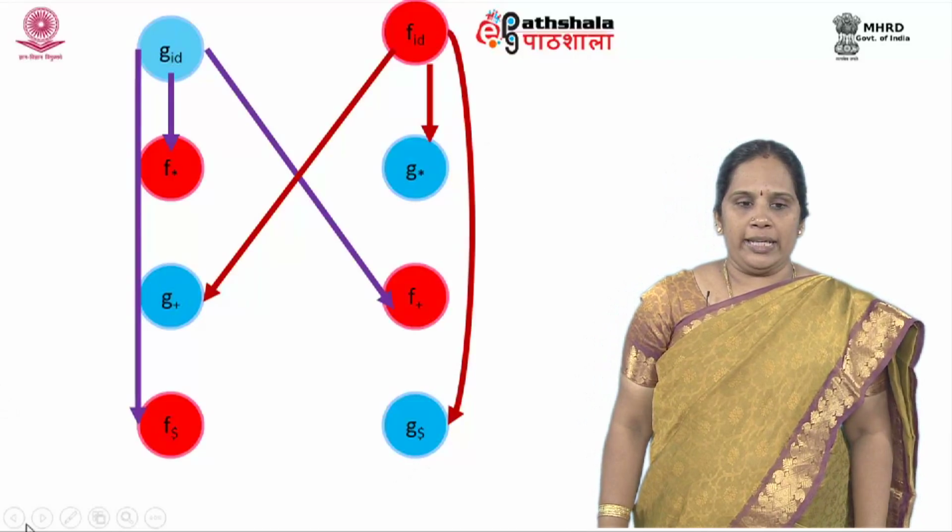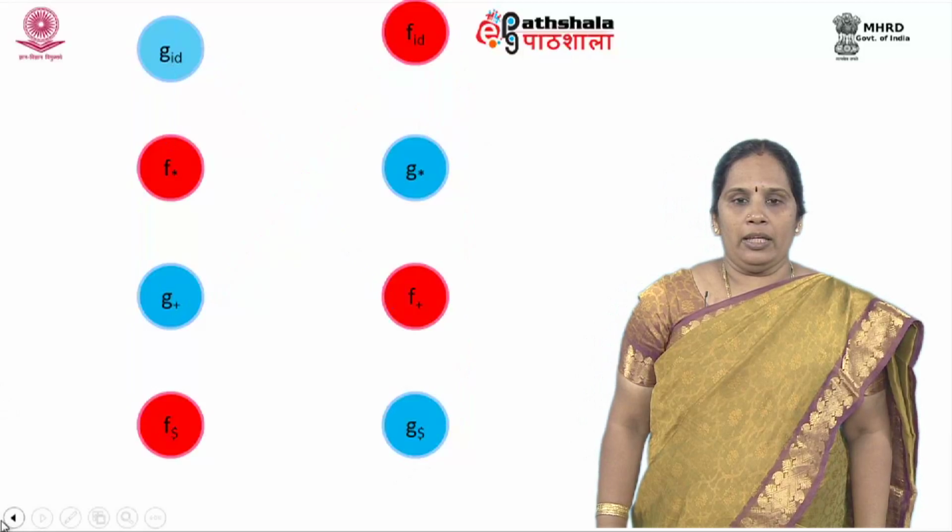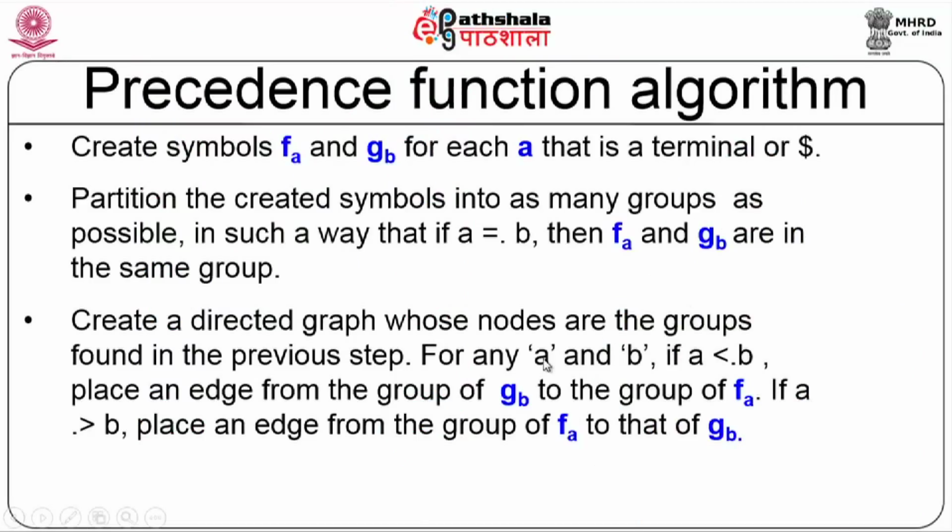The algorithm says that for any a and b, if a is less than b, place an edge from the group gb to the group of fa, if a is greater than b. Okay, so whether I consider id to be a or id to be b, I will have to have edges from f and g respectively.